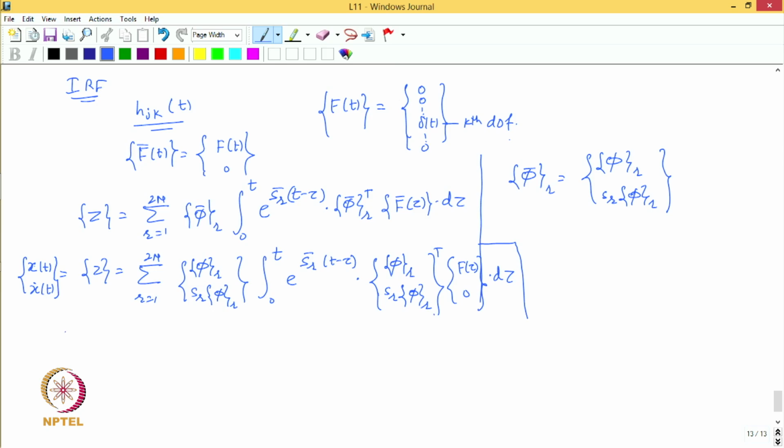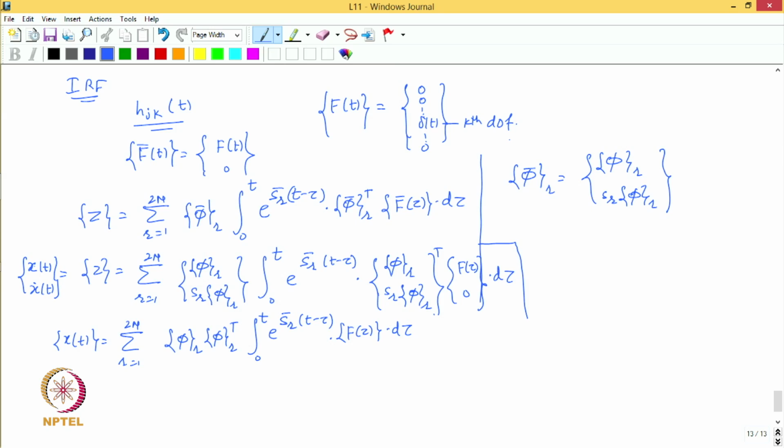So, the displacement part of the response can be given by summation r is equal to 1 to 2n, phi r transpose integration e to the power s r bar (t minus tau) into f tau into d tau.